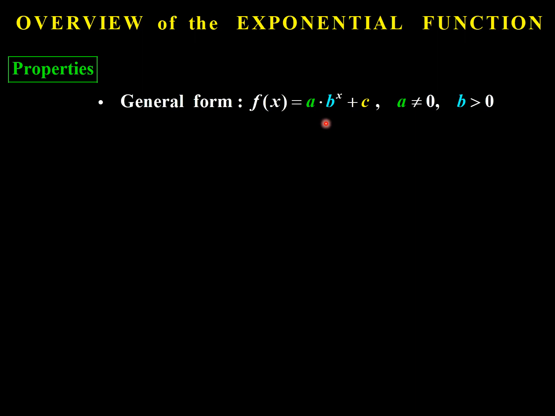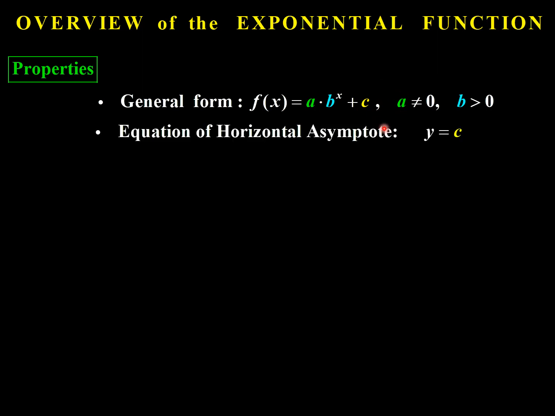We have a times b to the x plus c, and it's important here, a can never be 0, and b must always be a positive value. The b here will indicate whether the graph is going to be increasing or decreasing, and the c there will indicate to us what the asymptote is going to be.